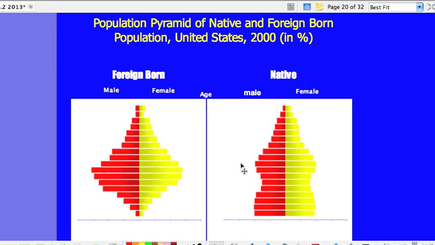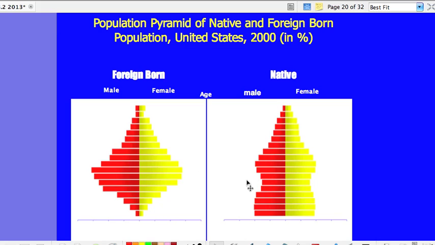But this is in relationship to what the native population looks like, which looks more like a stage, kind of going into a stage 4, stage 3 population pyramid, and this definitely is going to influence the demographic transition that our country is in, with this large working group.